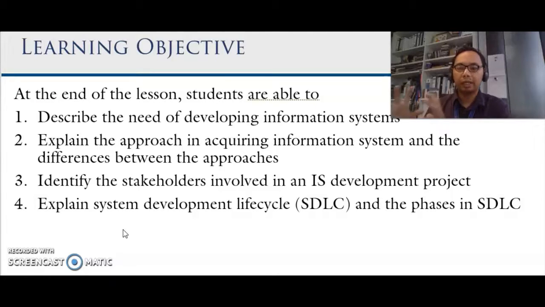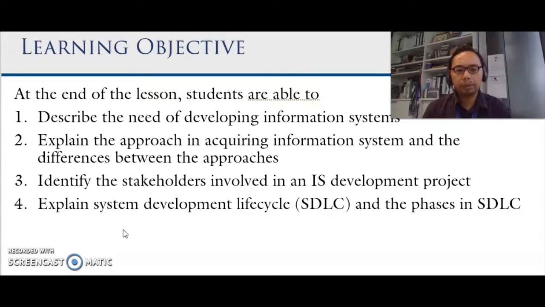Everything will be at the outsourced company's site. Also, the organization doesn't have to worry about updating and maintaining, because everything is handled by the third-party company.